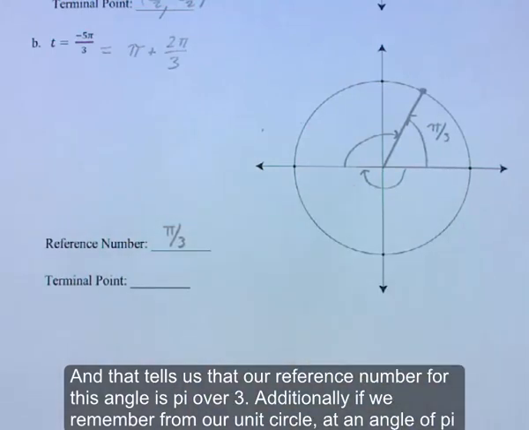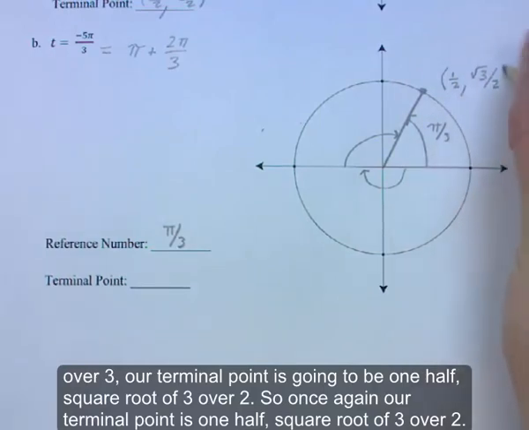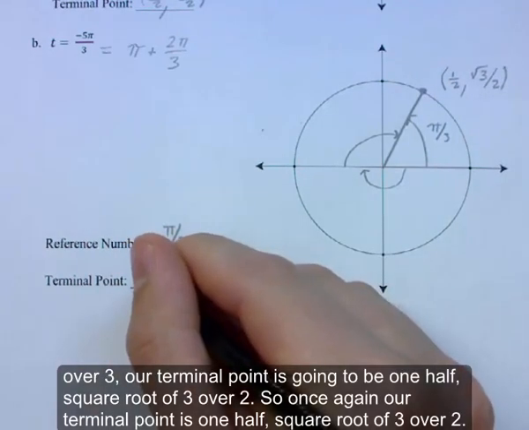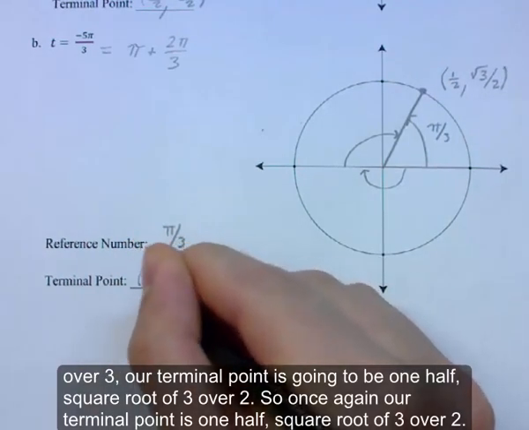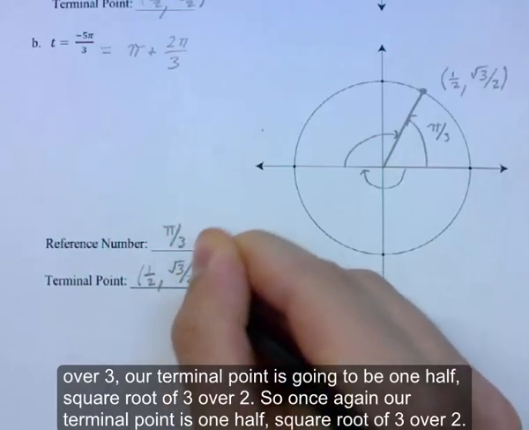Additionally, if we remember from our unit circle, at an angle of pi over 3, our terminal point is going to be 1/2, square root of 3 over 2. So once again, our terminal point is 1/2, square root of 3 over 2.